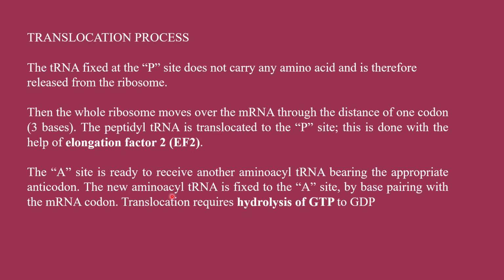Then the A site is ready to receive another amino acid tRNA bearing the appropriate anticodon. The new amino acid tRNA is fixed to the A site by base pairing with the messenger RNA codon. The translocation requires the hydrolysis of GTP to GDP. Right? This is all I have already explained in the previous diagram.